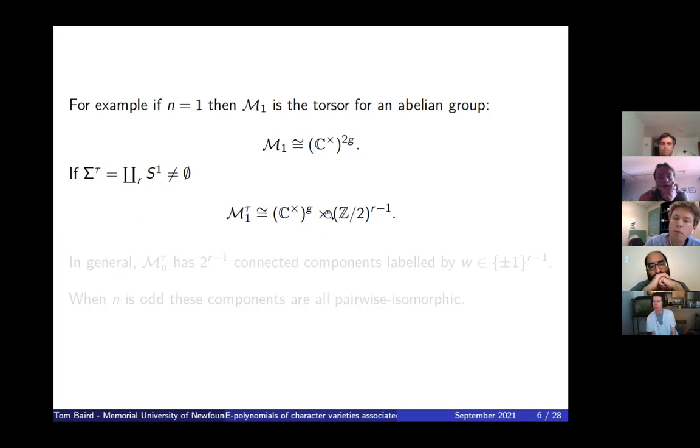This factor is coming from the fact that around each of these fixed point circles, you can look at the holonomy, and it turns out that holonomy has to be a real number. And so the holonomy will either be positive or negative, and that's where you're getting these factors of 2.